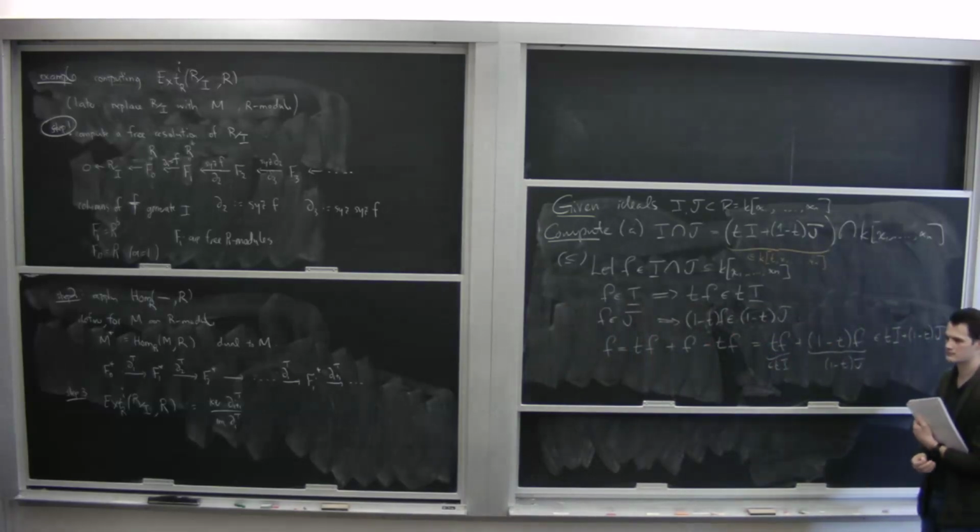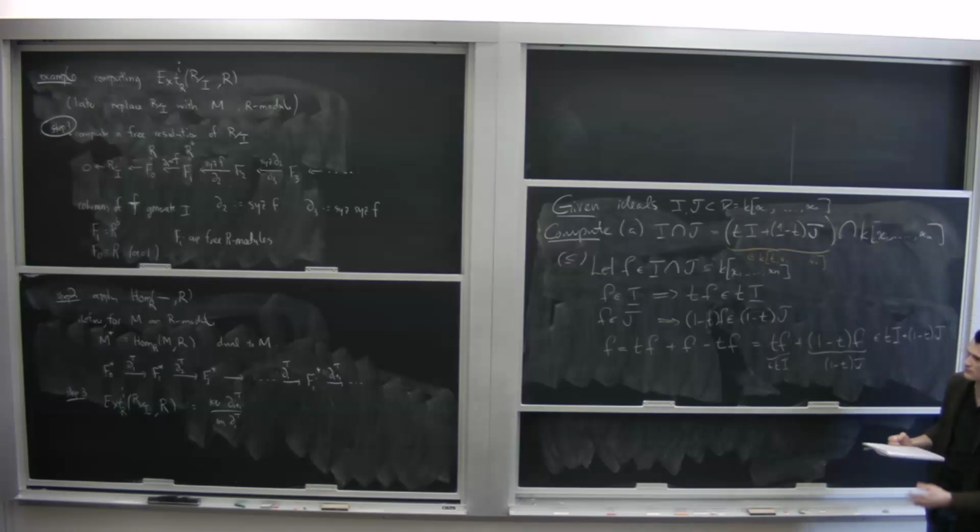So everyone understands how to use it, right? You just add a new variable t, you put an elimination order on, where you eliminate t, and then you form this ideal, you compute the Gröbner basis and select out the elements.